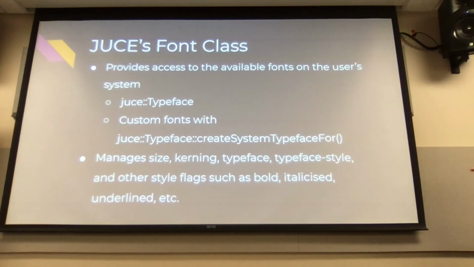So you're going to be using create system typeface for, which basically amounts to, within the Projucer, you can just add the font file itself to the project, and it will put it into binary data, which really is just taking all of the bytes and writing them in a giant array and then putting that in your actual source code.